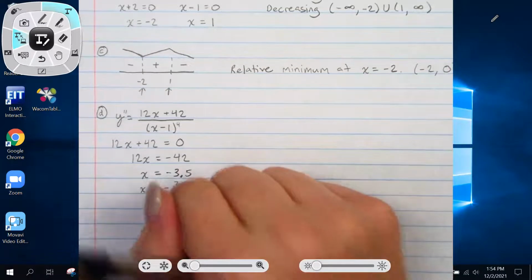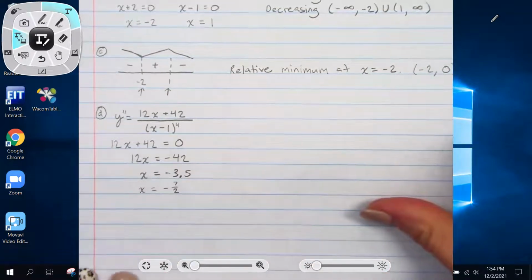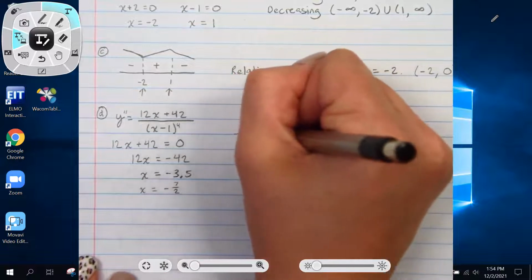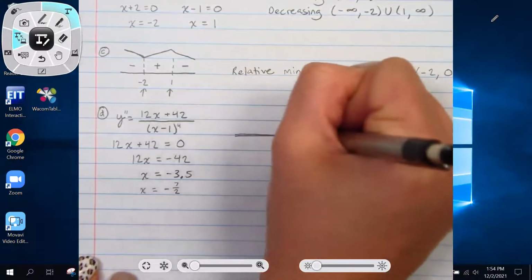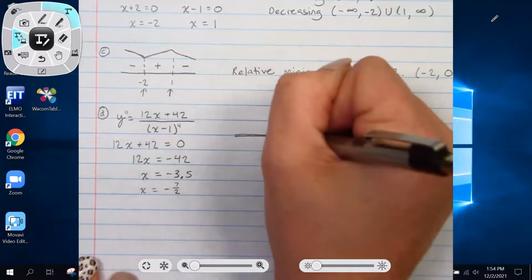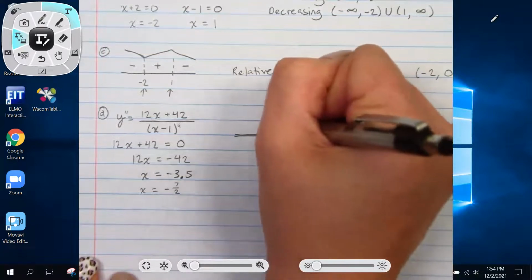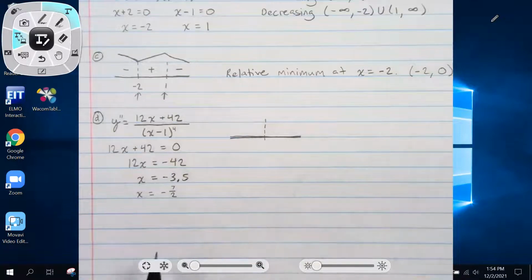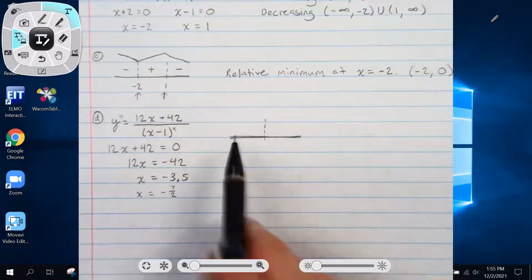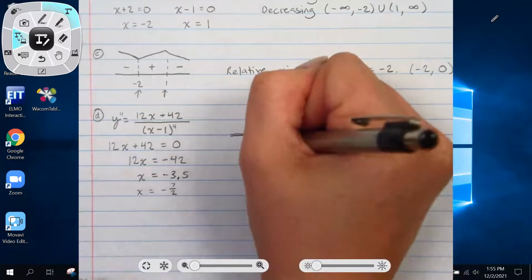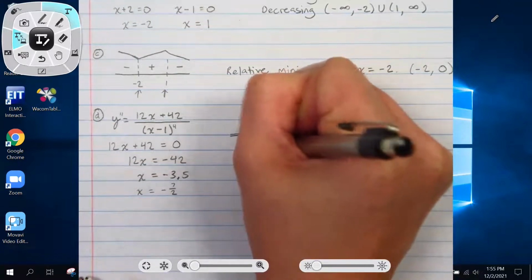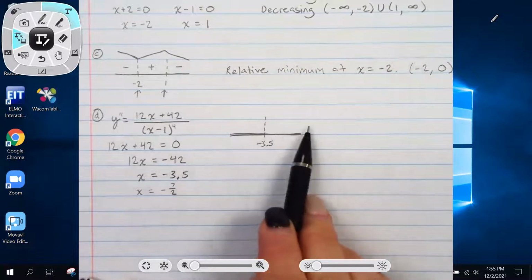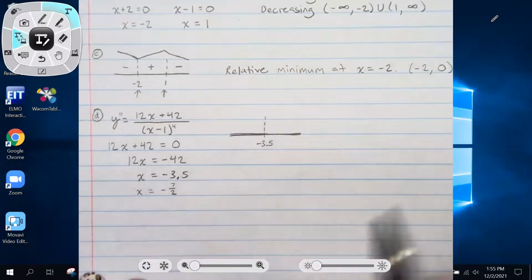Okay, so this is our inflection point, or presumably it's our inflection point, but we need to look at the concavity before we decide for sure, because an inflection point only happens where the concavity changes, either from up to down or from down to up. So at negative 3.5, there would have to be a change either from positive to negative or from negative to positive.